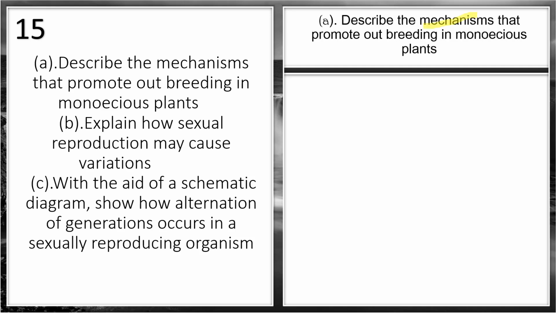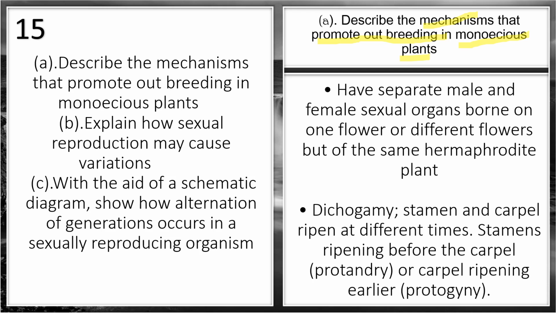Describe the mechanisms that promote outbreeding in monoecious plants. They have separate male and female sex organs borne on one flower or different flowers, but on the same plant.